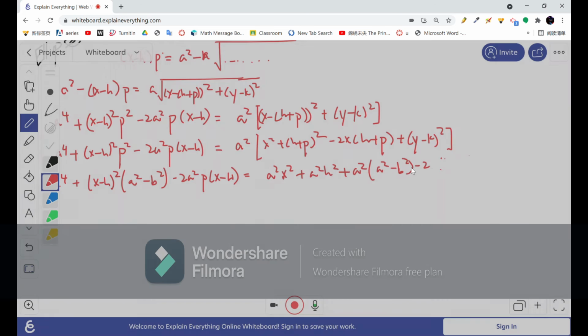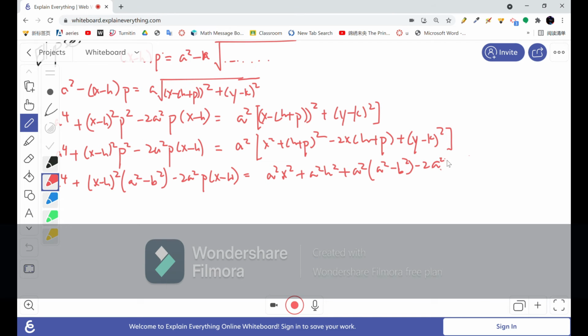So 2a squared x times h plus p, and then plus a squared times y minus k squared. So now we can see that these two terms cancel out, right? Even though you didn't recognize it.